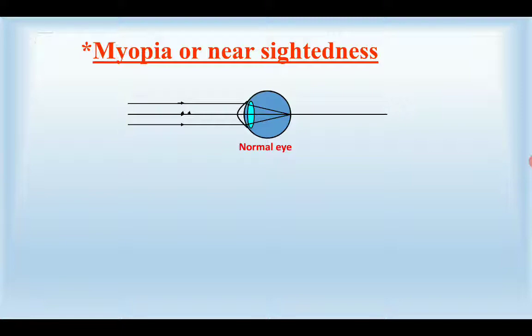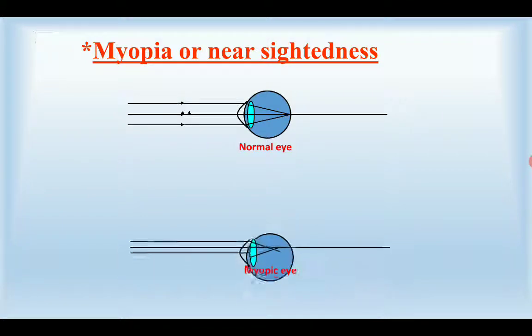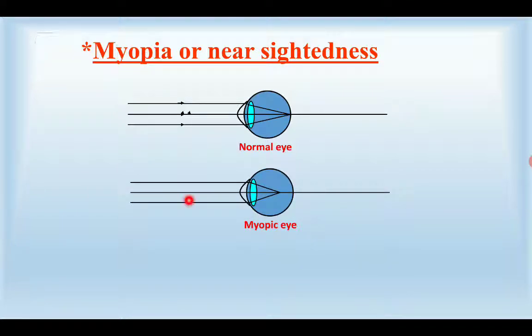But if the person has a myopic defect, so this is the case of myopia, you can see here that the light rays are falling on the eye lens, but they are being converged in front of the retina, not on the retina.